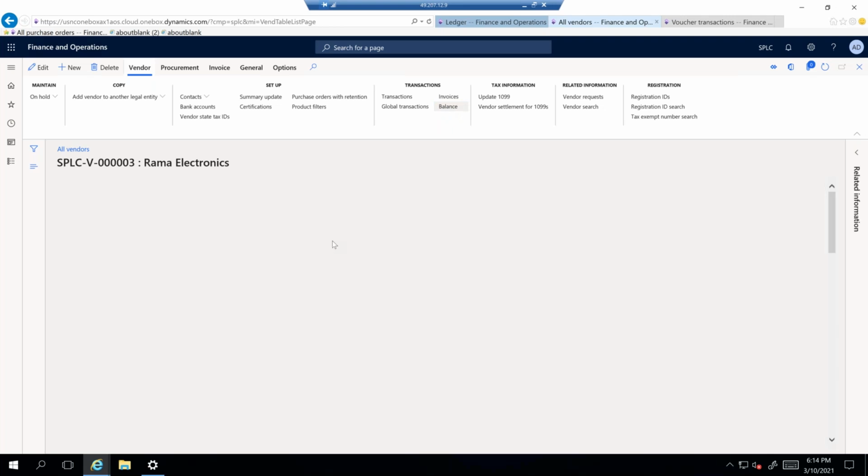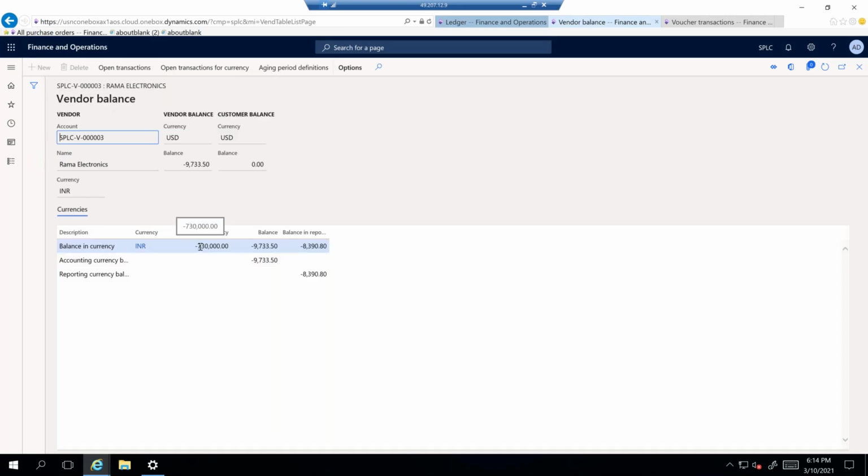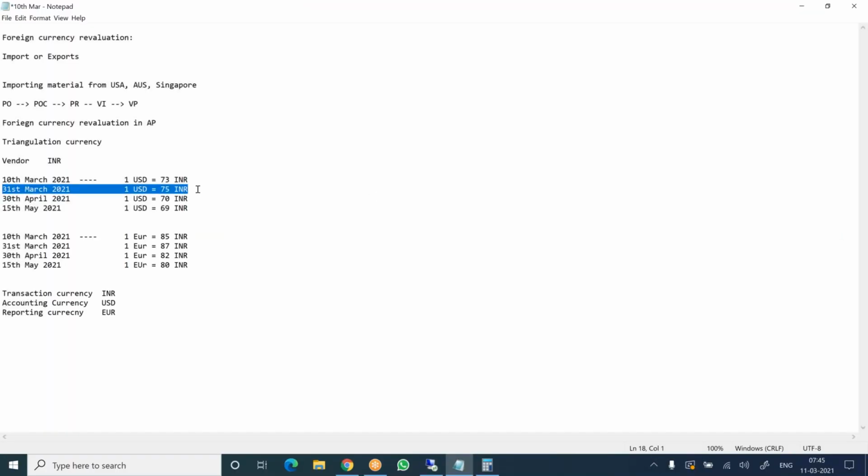The original value 7,30,000 will not be changed. Okay, he is going to get 9,733.50. The reason behind, Indian currency is now 75 rupees.